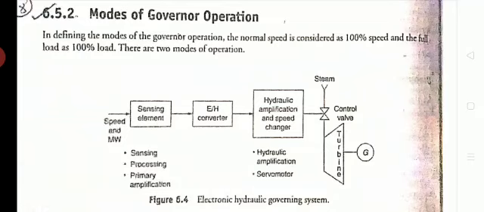That we'll see later. In defining the modes of governor operation, for explanation purposes, we consider the normal speed, that is the full load speed, as 100% speed, and full load as 100% load.